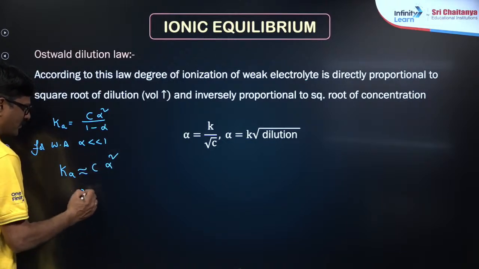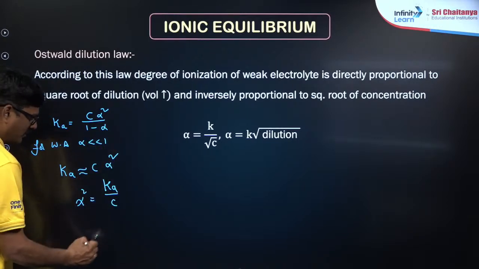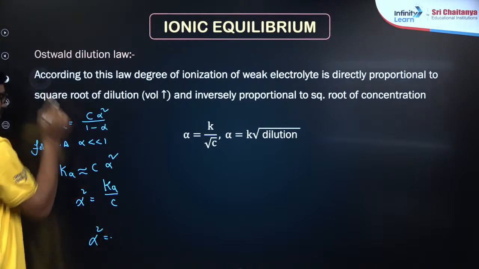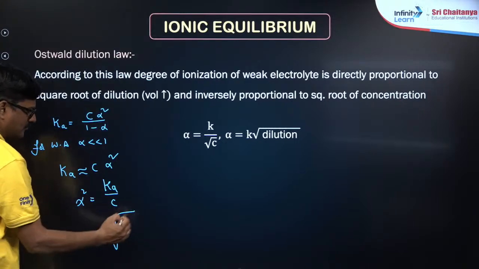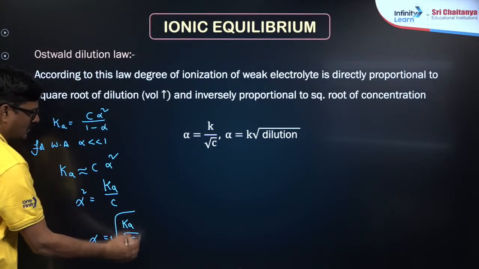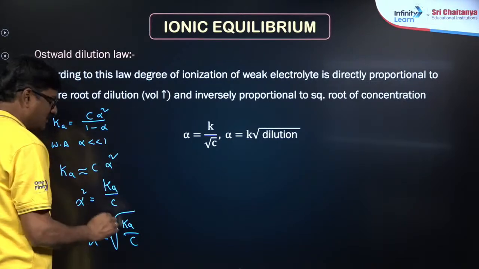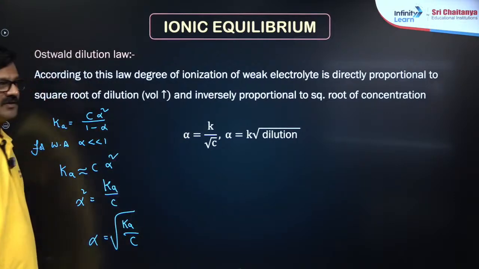So, alpha square is equal to Ka by C, alpha is equal to root of Ka by C. So, degree of ionization alpha is equal to root K by root C, and root K is also taken as a constant.